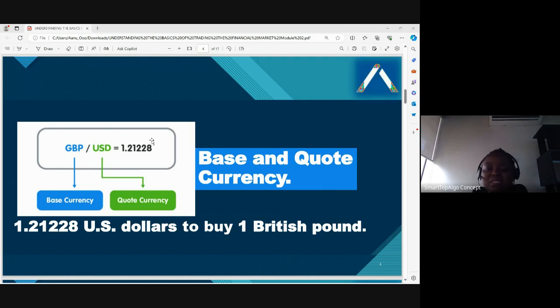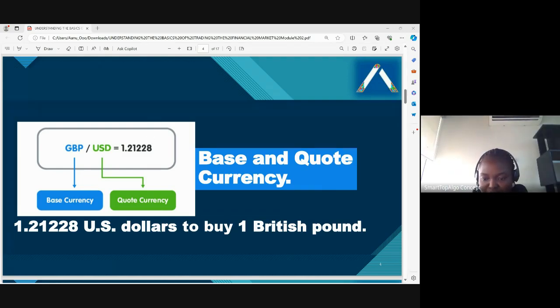Now, what it means is if I decide to enter a particular currency pair, what I am basically buying is always the first currency.